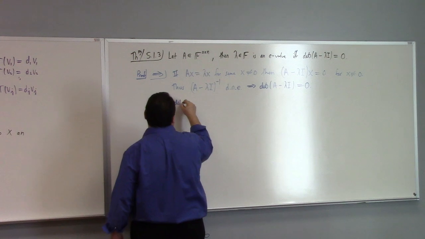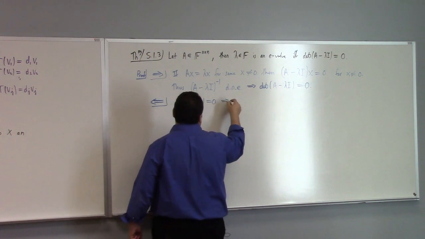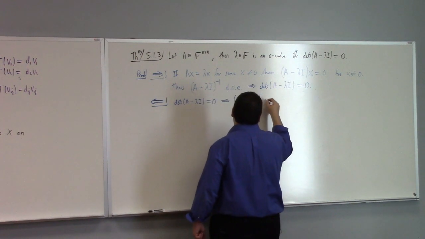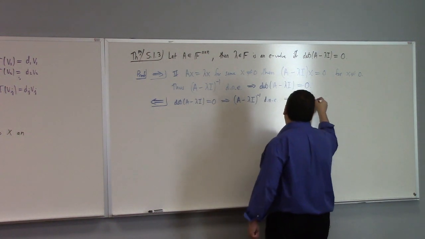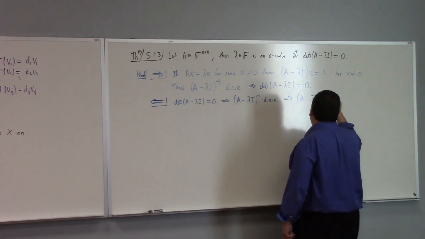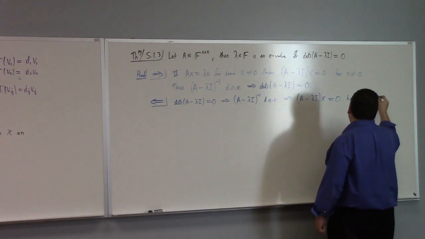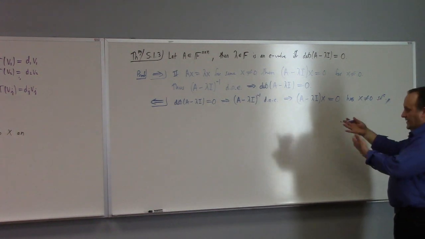If the determinant of A minus lambda I is equal to 0, that means that A minus lambda I inverse does not exist, right? Which means that A minus lambda I times x equals 0 has an x not equal to 0 solution. And so we're done. That's an eigenvector.